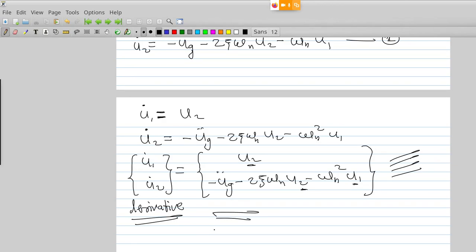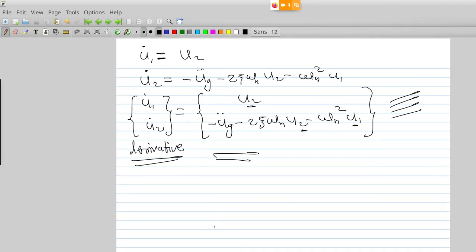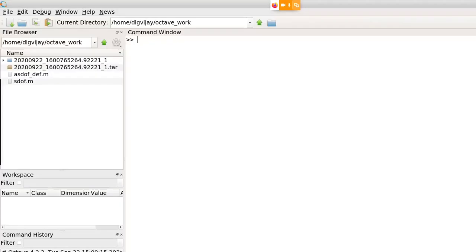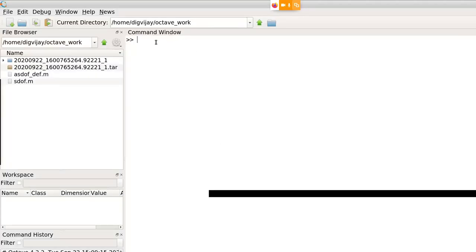This is the basic equation that we need to implement in our Octave. Then the command LSODE will solve our ODE using this equation. So now let us go to Octave and see some of the very basic details of Octave, and then we will start with our actual coding.